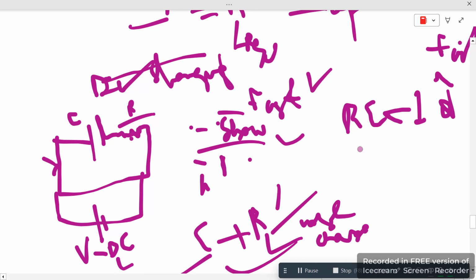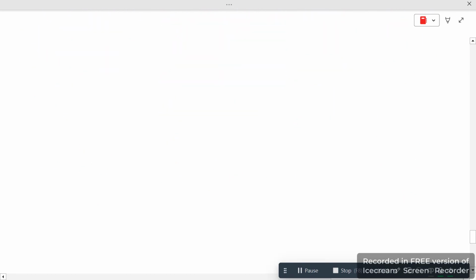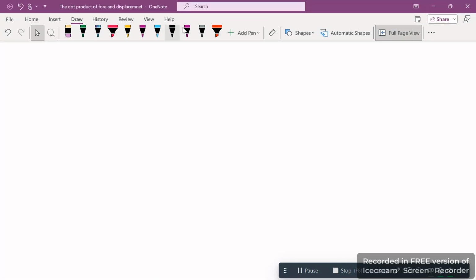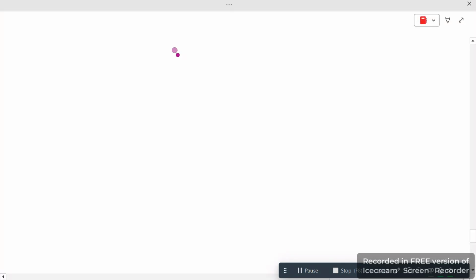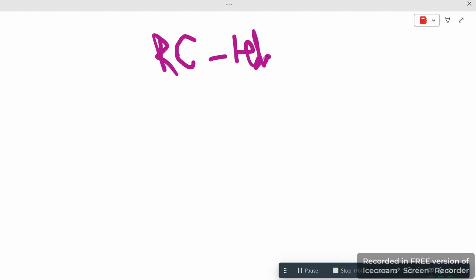Okay, so RC will become lower when it is less than 1. Still, if you're not getting it, let me clarify a little more. This is RC. RC will reduce to the fast process.